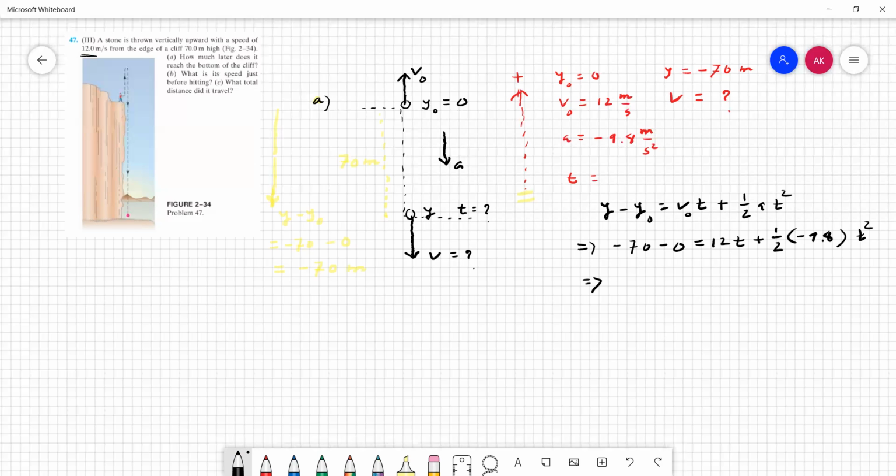So what we need to do is bring all the terms to the left and put 0 to the right. So it has the form of a quadratic equation, ax squared plus bx plus c equal to 0.